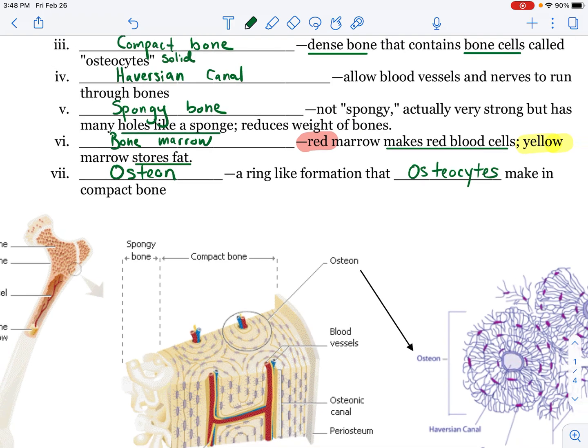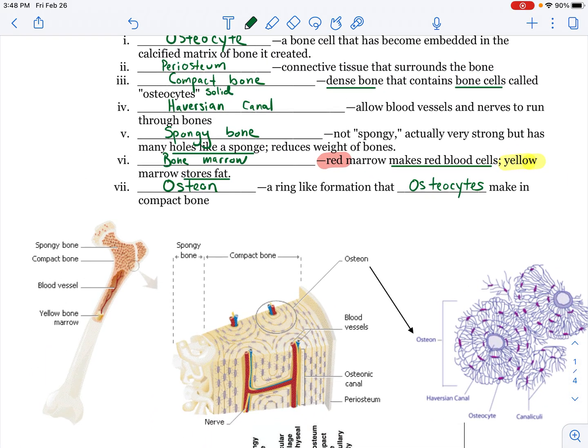Now, I know I went over that pretty fast, so the easiest way to understand where all of these structures are is in the pictures below. So first of all, on the left-hand side, you have a bone here. And if you look at this bone picture, I'm going to get my highlighter out, you can see spongy bone.